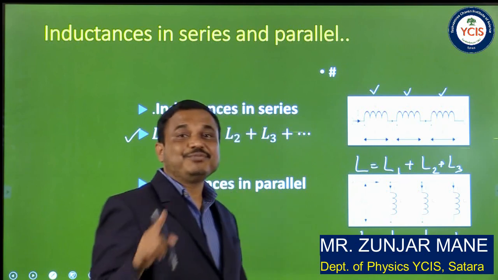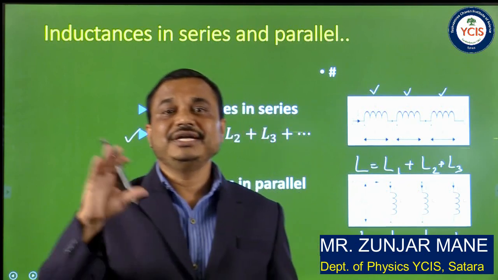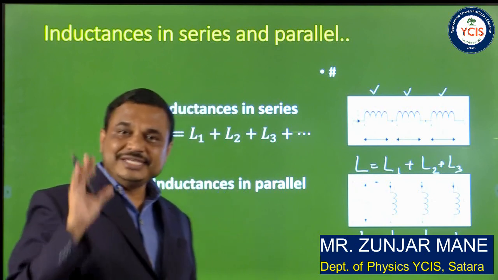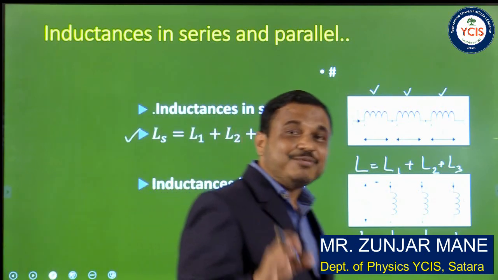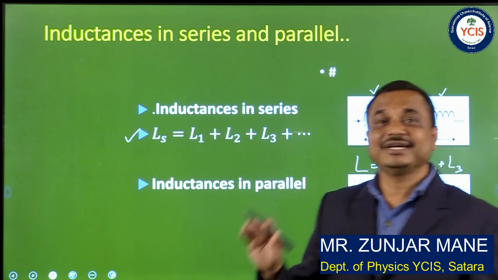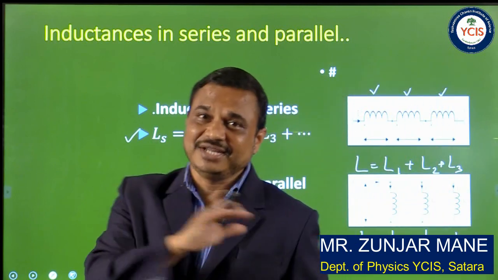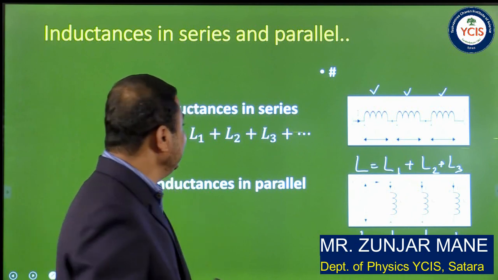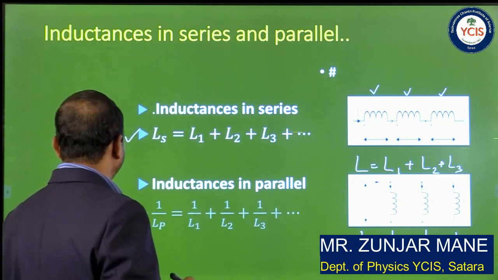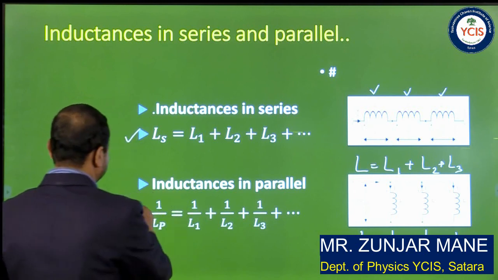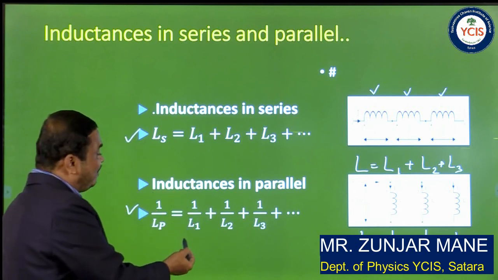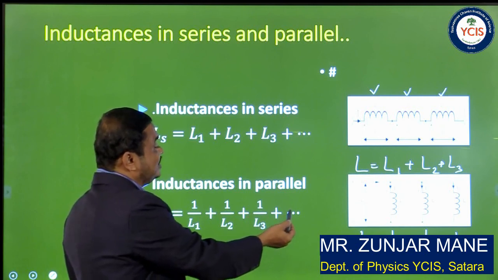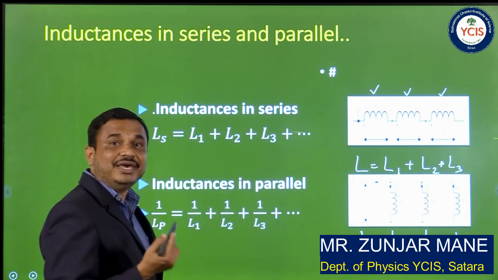That is, the reciprocal of the effective inductance of the parallel combination is equal to the sum of reciprocals of the individual inductances. In general, if n inductors are connected in parallel, then 1 upon L p equals 1 upon L1 plus 1 upon L2 plus 1 upon L3 plus dot dot dot plus 1 upon Ln.